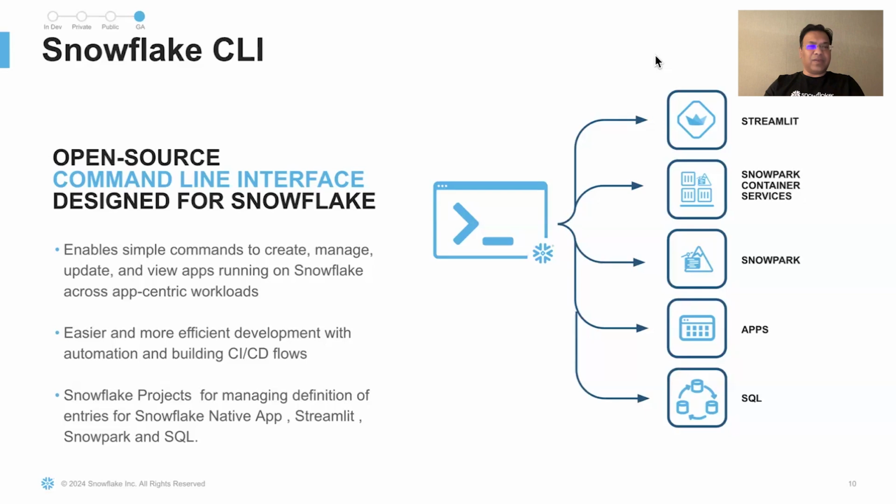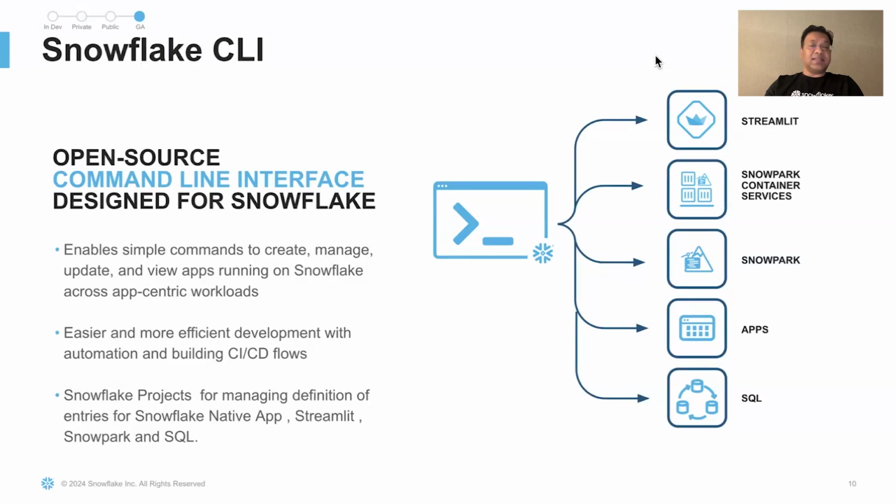The next one is our Snowflake CLI, which is now in GA. This is an open source command line tool we have built from scratch for Snowflake for all our workloads. It enables simple commands to create, manage, and run different workloads like native apps, Snowpark, and Streamlit, all from your command line tools, hiding all the complexity behind the scenes.